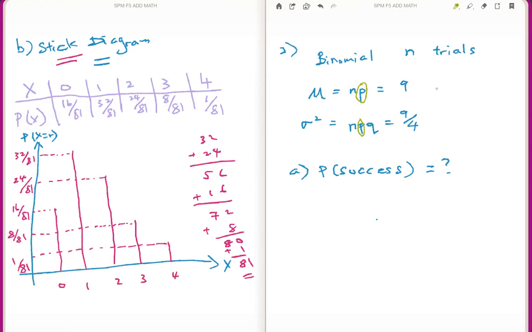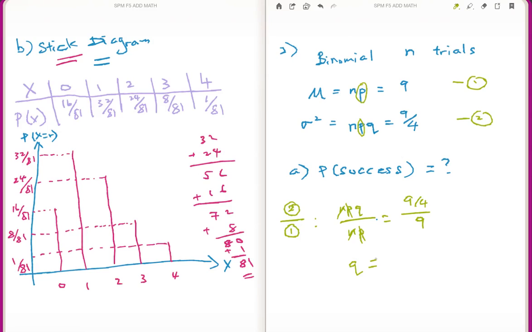In Form 4 you have learned simultaneous equations. So what you do is use equation 2 divided by equation 1, then you will cancel off. That is npq over np, which is 9 by 4 over 9. The n and n, p and p cancel off.